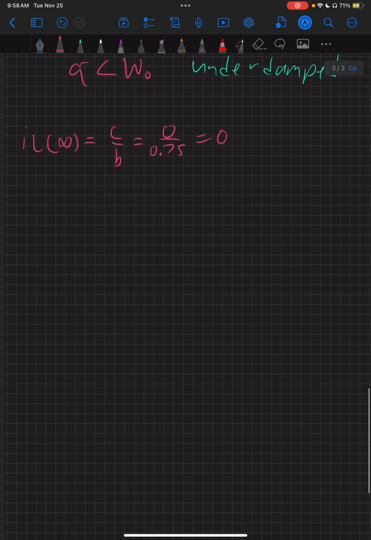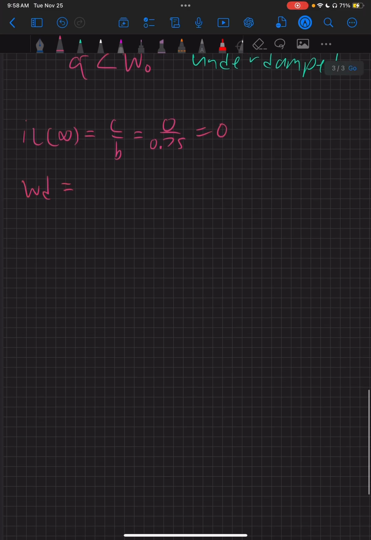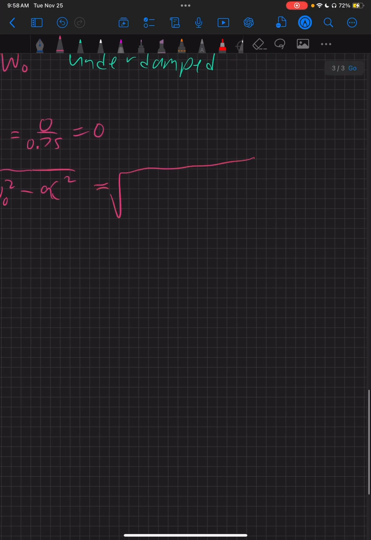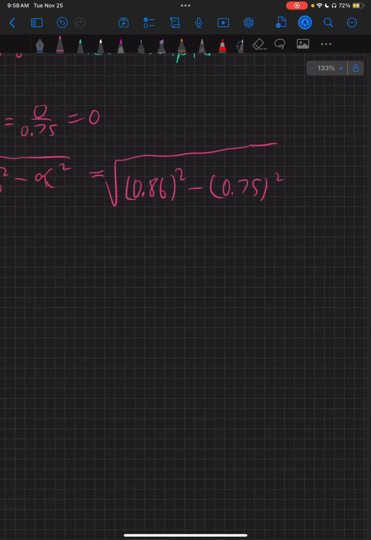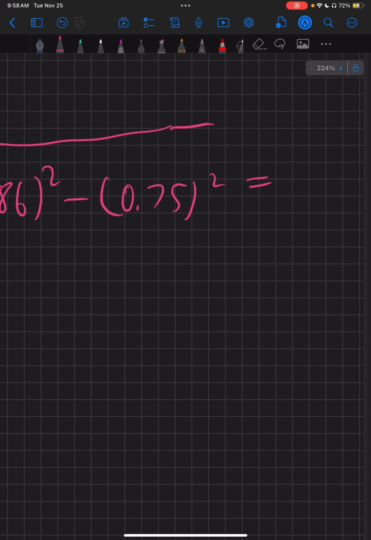WD is the square root of W naught to the second power minus a to the second power, which equals 0.86 to the second power minus 0.75 to the second power, which gives the final answer 0.42.